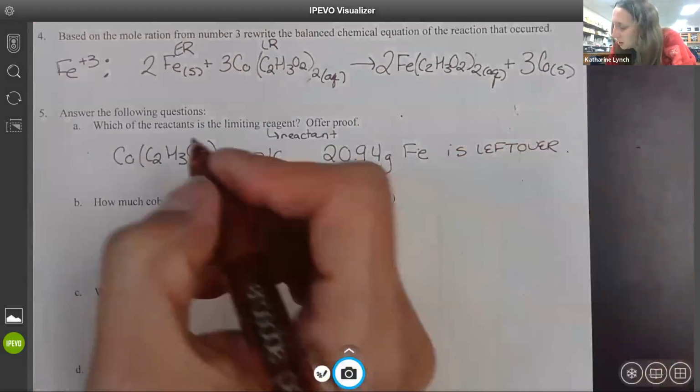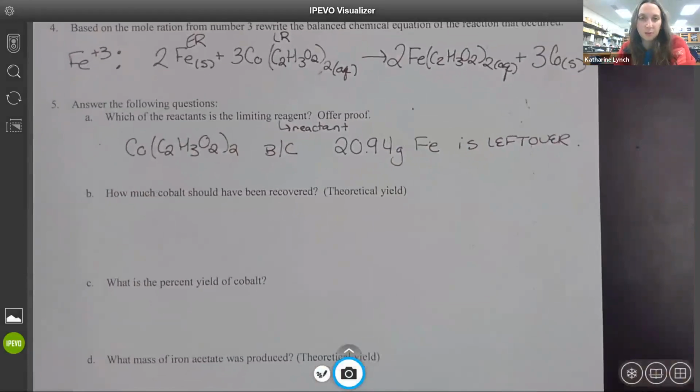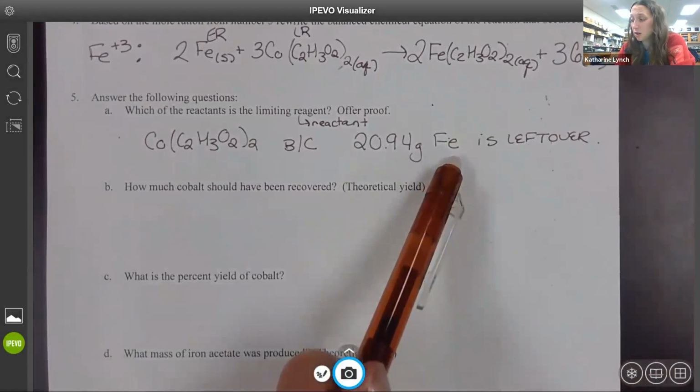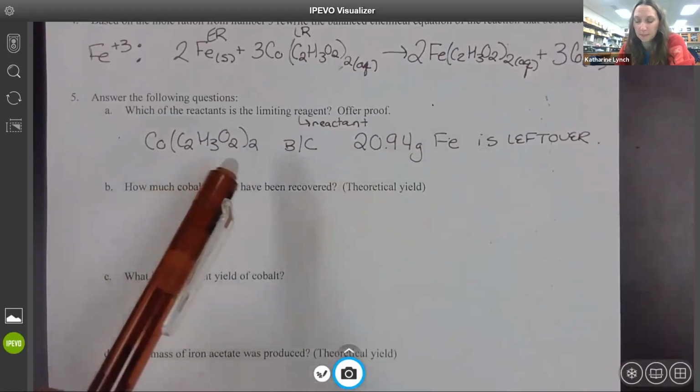It's super easy to find limiting and excess reactants when you have a lab situation because you just have to really read that lab situation carefully. One reactant's left over, the other has to be the limiting reactant.